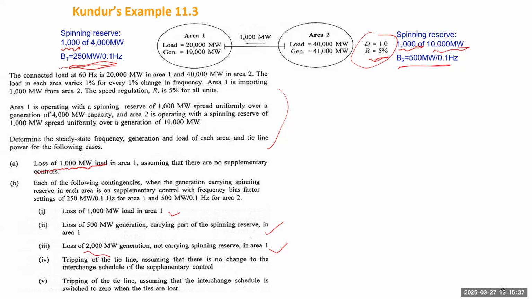And the next two will be tripping the tie line, either using the original ACE or we can update ACE. Keep in mind, ACE can be updated in real time because ACE reflects how much you want each area to operate and how much tie line flow you want to maintain. If there's any contingency, which means the original ACE settings may be wrong, you can always update the setting.